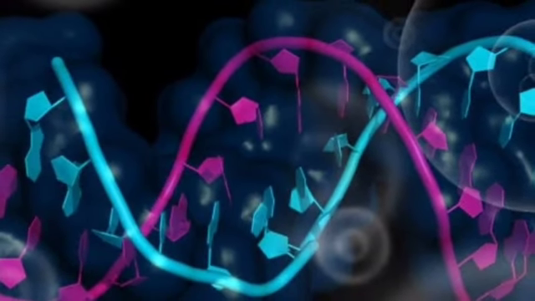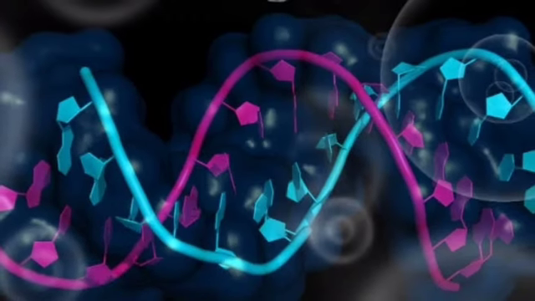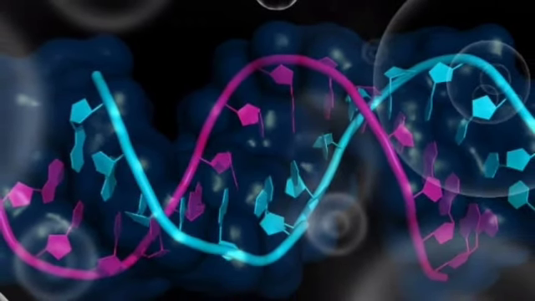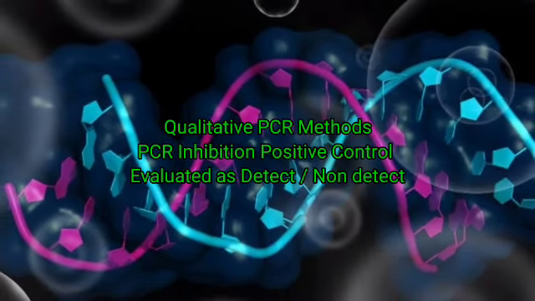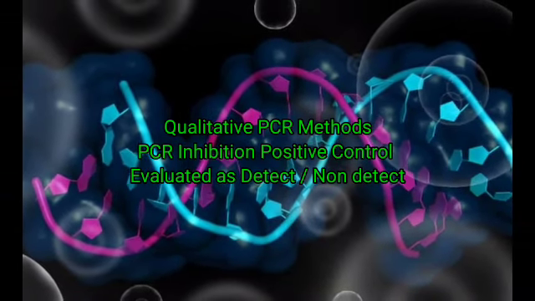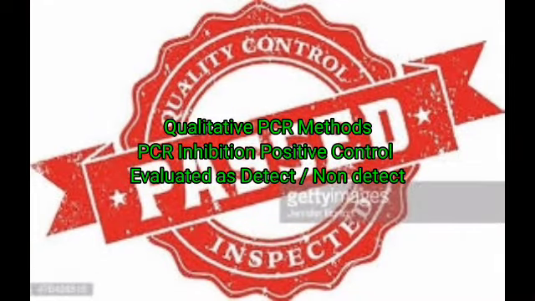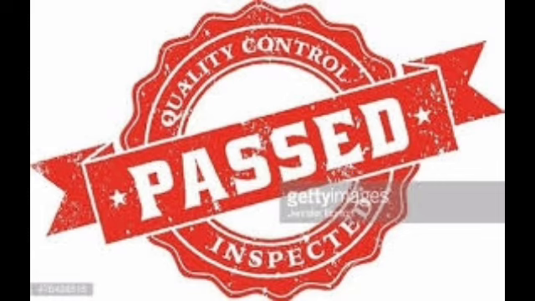However, this requires that both controls be amended with the same amount of the positive control template. For qualitative PCR methods, the PCR inhibition positive control is evaluated in terms of a detect or non-detect, again a simple qualitative absence or presence.